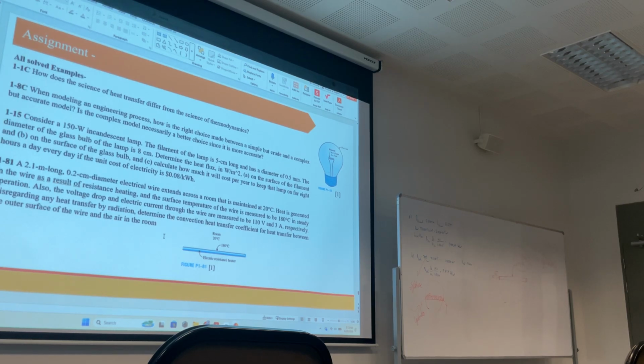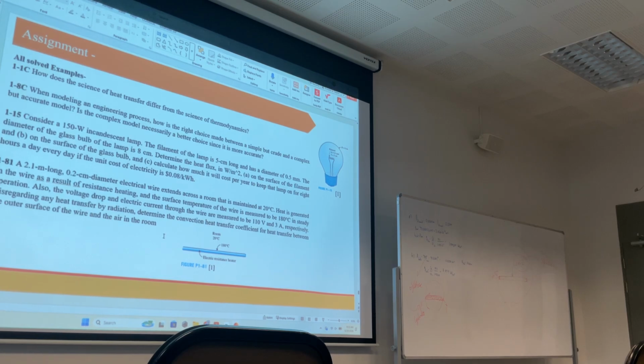Also, the voltage drop and electric current through the wire are measured to be 110 volt and 3 ampere. Okay, this much power is generated from the wire. Disregarding any heat transfer by radiation, no radiation, determine the convection heat transfer. So the air inside the room is moving, right?